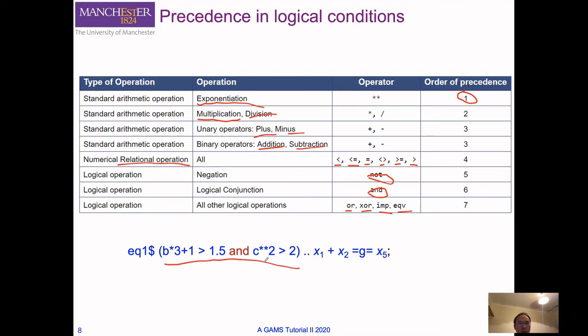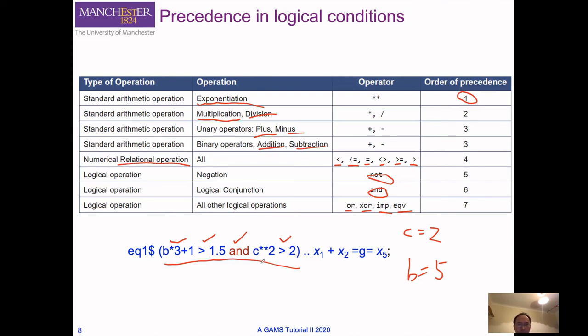In this logical condition, we have different operations like arithmetical operation, numerical relational operation, and logical operation. If A is equal to 2, B is equal to 5, then we can calculate the value of this logical condition based on the order of precedence of different operations.